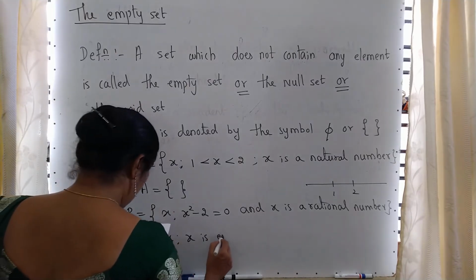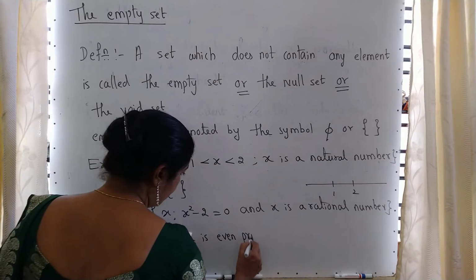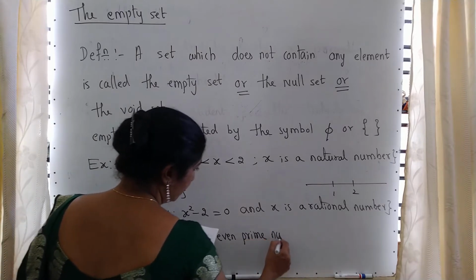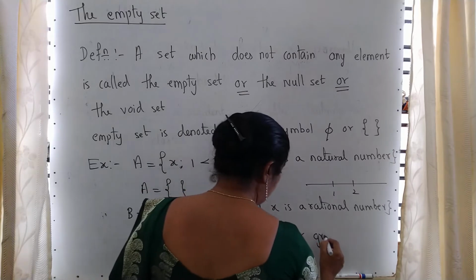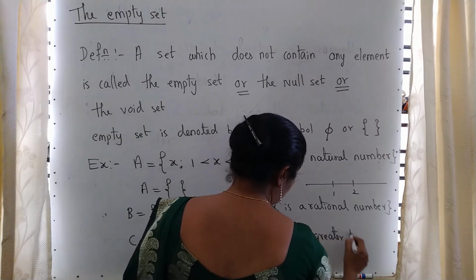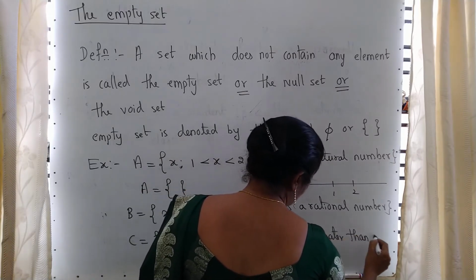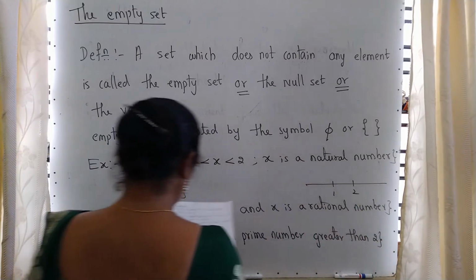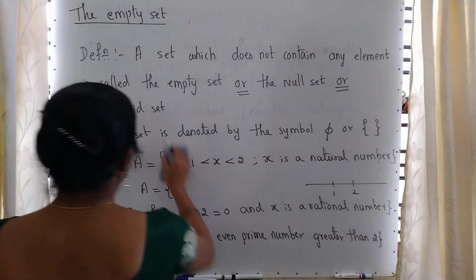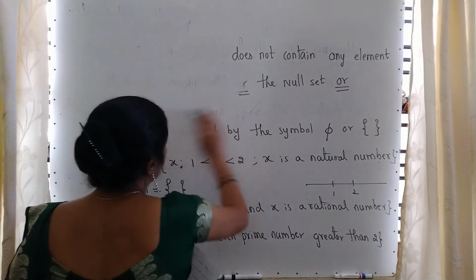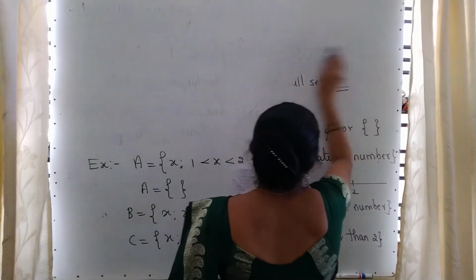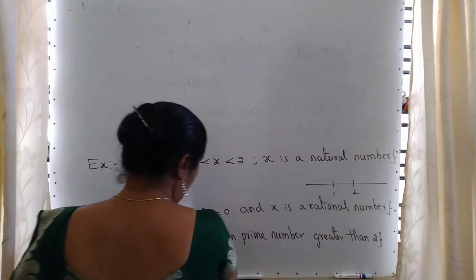C: x is an even prime number greater than 2. So 2 is the only even prime number. We cannot find any other even prime number. So this is also the empty set. Moving to the next example.